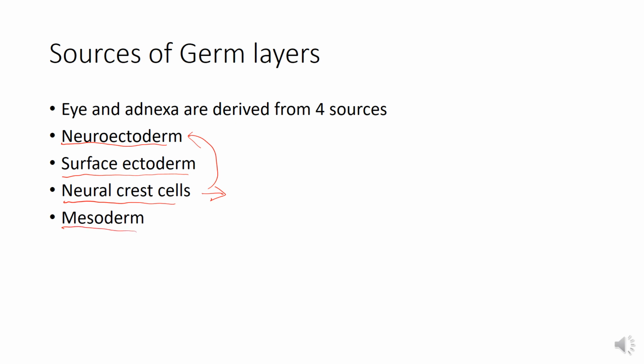So basically from ectoderm and mesoderm the eyeball and adnexa are derived, and the surface ectoderm, the neuroectoderm and the neural crest cells also contribute to the formation of the eyeball and adnexa.